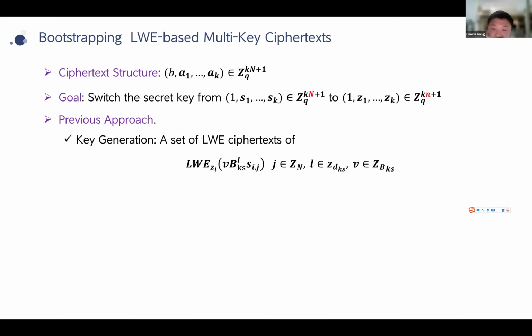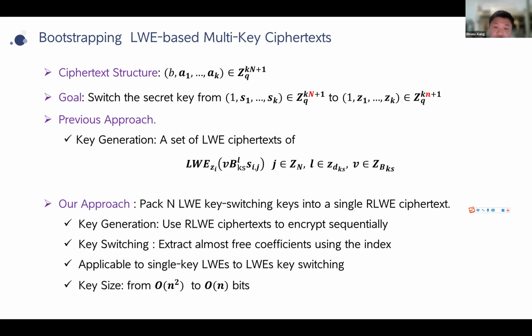enumerating all possible decompositions of the elements in some basis B, and then storing all of the values using LWE ciphertexts. In our approach, we pack big N LWE key switching keys into a single ring LWE ciphertext, and for the key switching, we only extract almost free coefficients using the index.